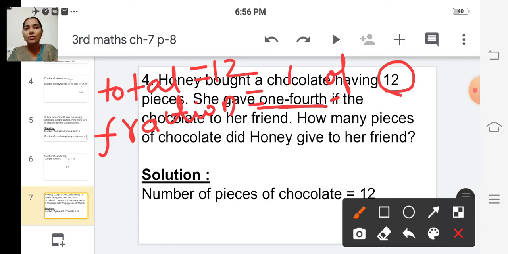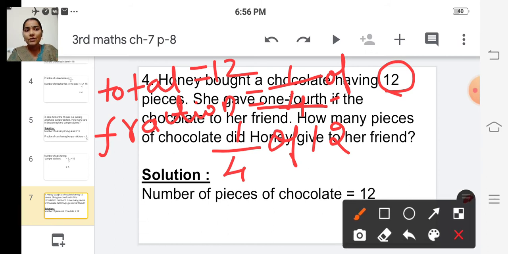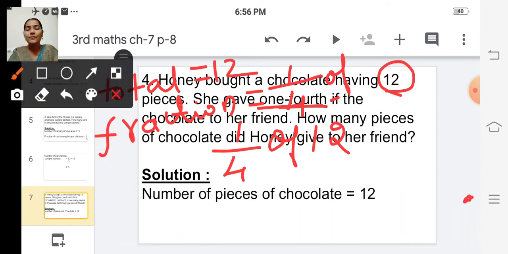So the fraction is 1 by 4. So she gave 1 by 4 of 12 pieces to her friend, isn't it? So we are going to find out the value of this fraction, 1 by 4 of 12.